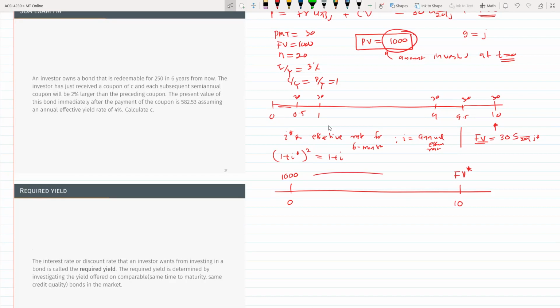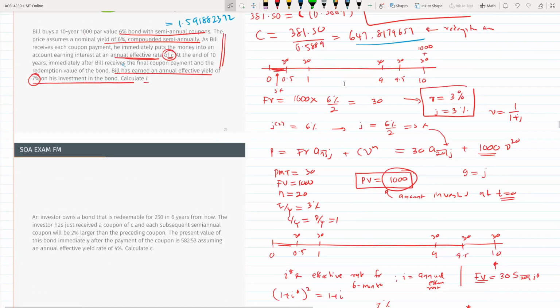Then the rate: this 1,000 grows under 7%. So basically, we are saying future value star equals 1,000 times 1.07 to the 10, because it's 10 years and this investment earns 7%.